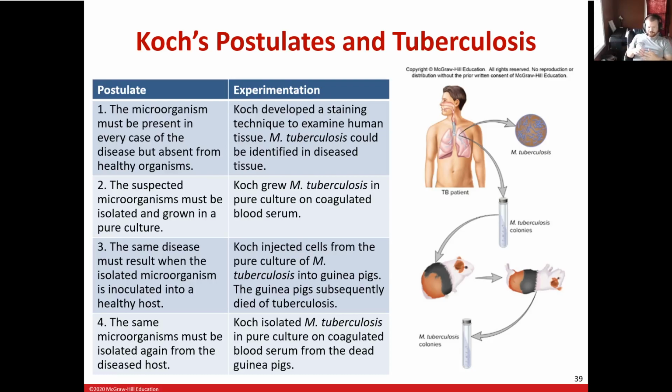And so there are a number of places you can use Koch's postulates. For instance, right now, a big problem in the world's oceans is coral bleaching and some diseases that are caused in coral reef. And so you can use Koch's postulates to test that, right?